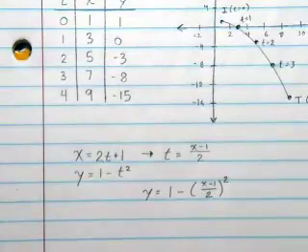Okay, so if we were to graph this, which we are in just a minute, on a calculator, this piece right here should be a part of this curve. Does that make sense? Because this has no restriction on where it starts and stops. It's just going to keep going.